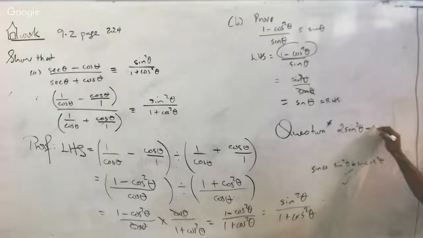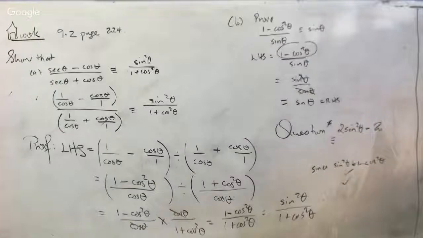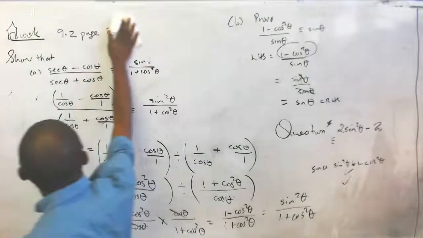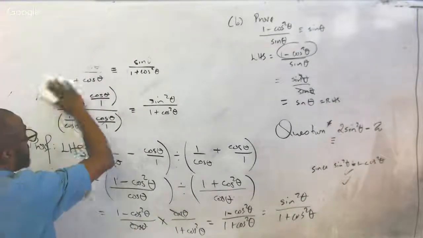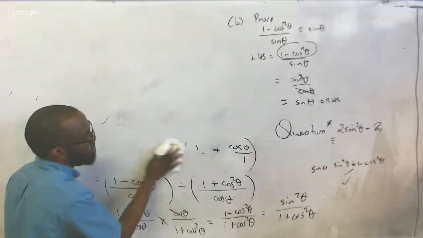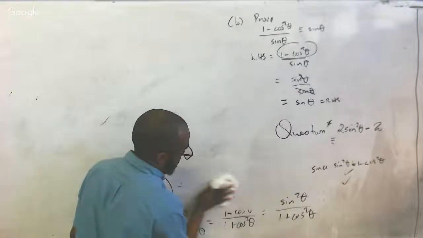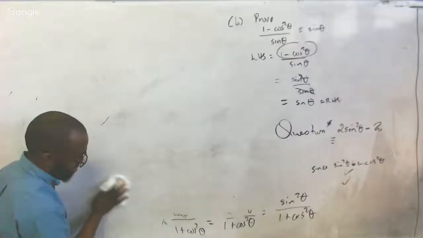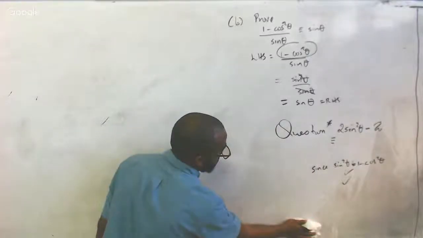2 sine squared theta minus 2. What will you tell me this is equal to? 1 minus cos squared. It would be 2 outside, and then sine squared theta minus 1 inside the bracket, and then that's the difference of two squares.